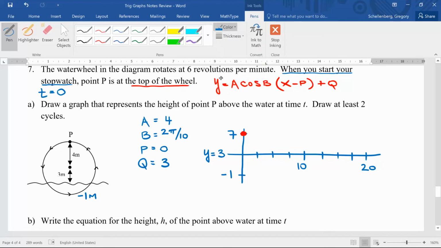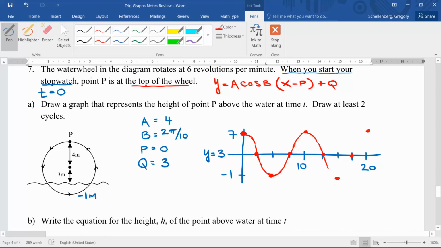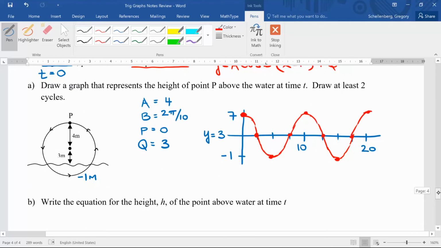And we can plot the rest of our significant points and connect the dots. And there we go. So part A is done. We've drawn 2 cycles of the relationship here between height and time.